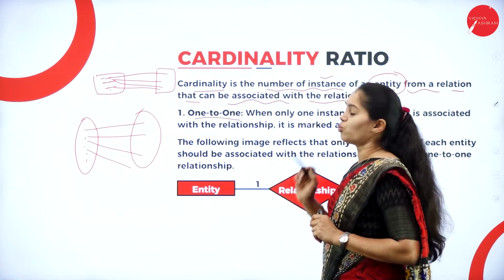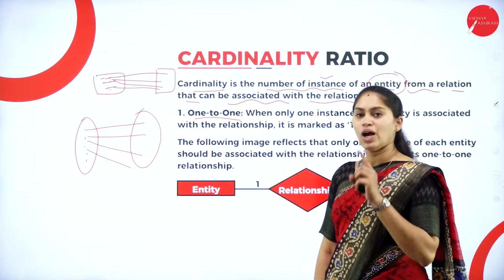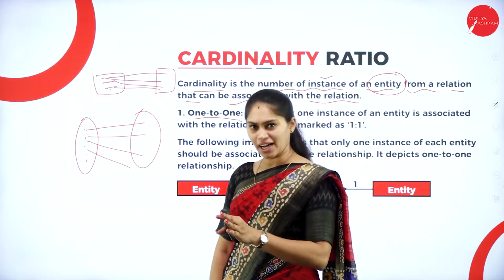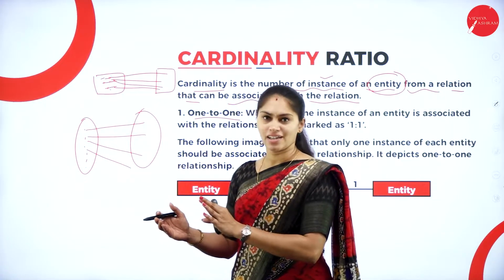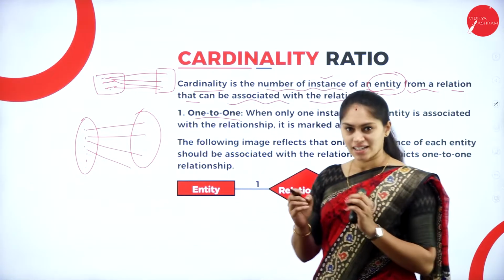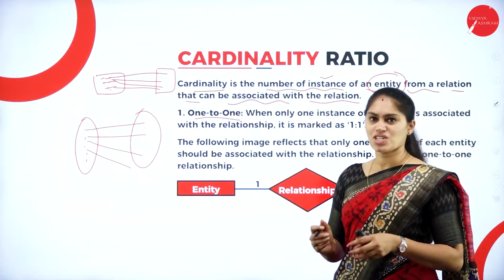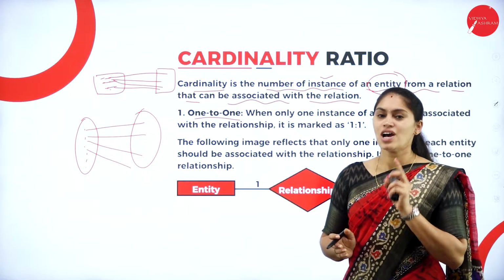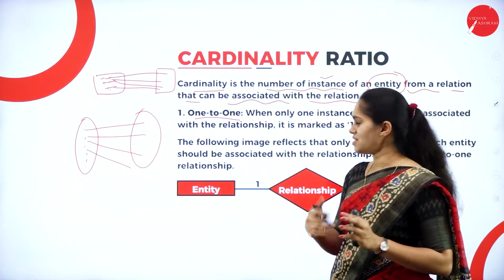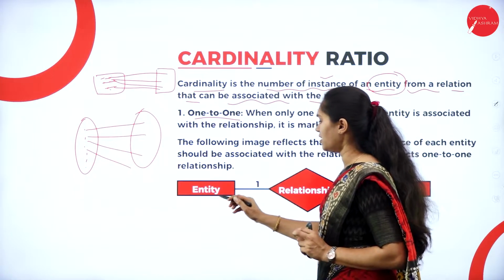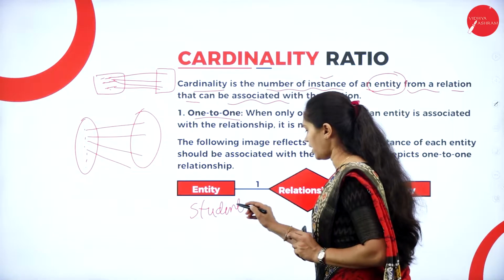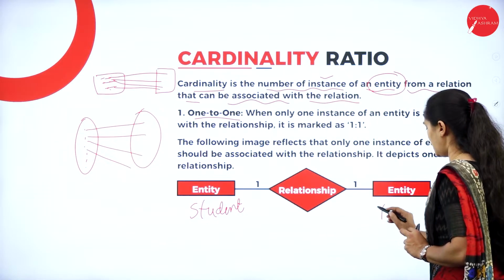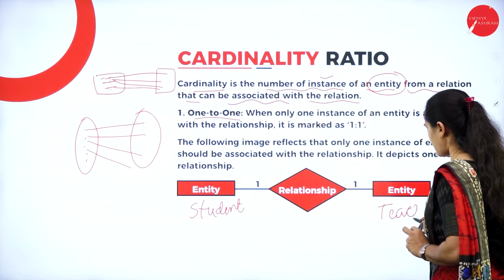So there are four types of cardinality. First one is what? 1-to-1. When one instance of an entity is related to one instance of another entity, then we can say that the relationship is a binary relationship with the cardinality ratio 1-to-1. Let me consider one example here. Consider the first entity as a student, and consider another entity as a teacher.